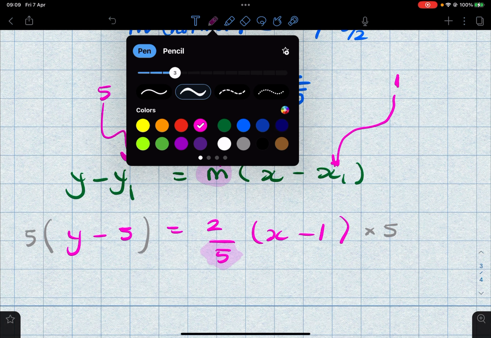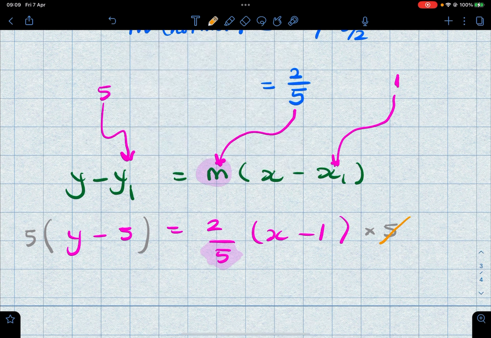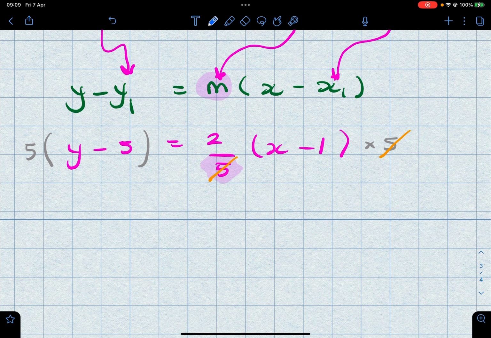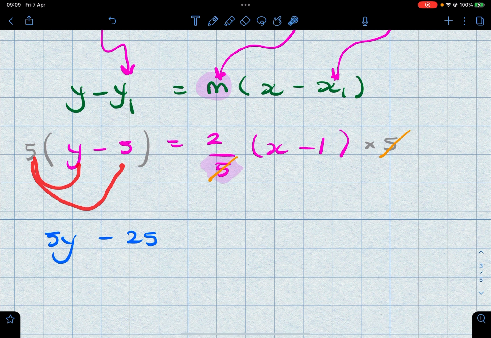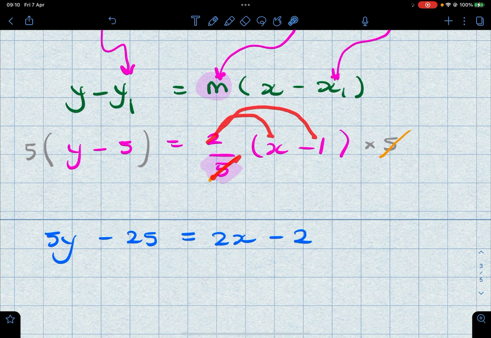So on the right side, that 5 will cancel out with that 5, and you'll have something that looks like this. 5y minus 25, so I'm multiplying this out, equals 2x minus 2. Because the 5 is gone, I'm just multiplying the 2.